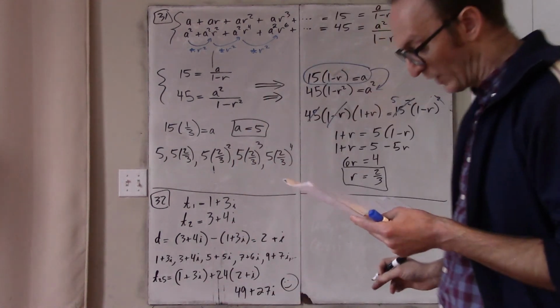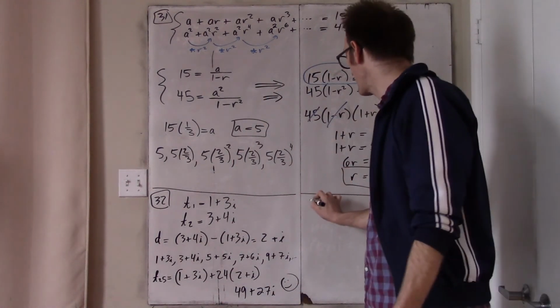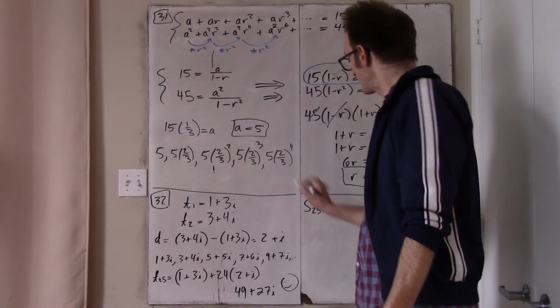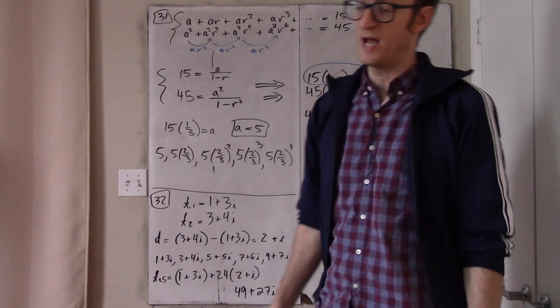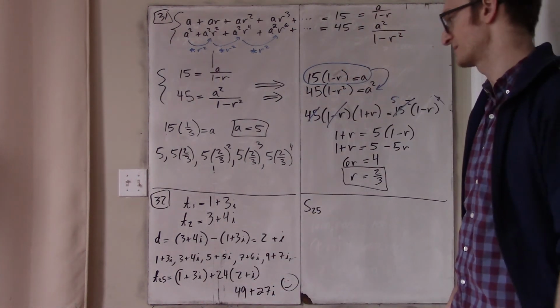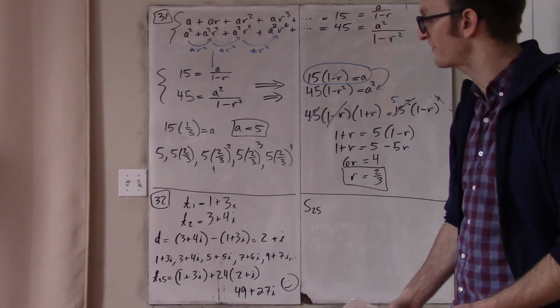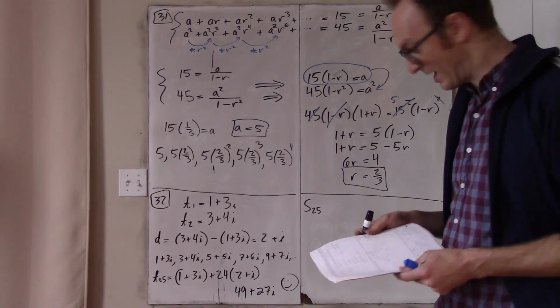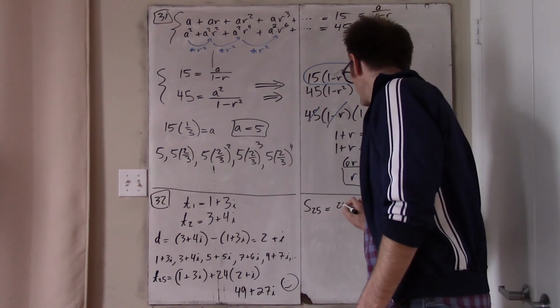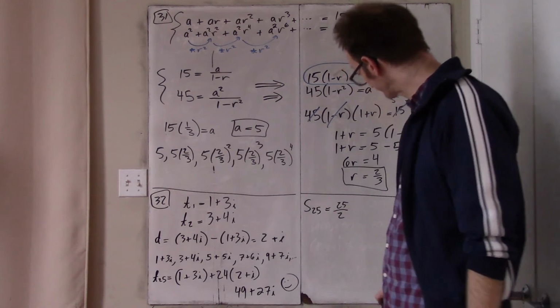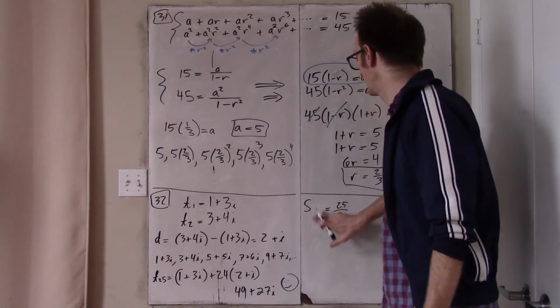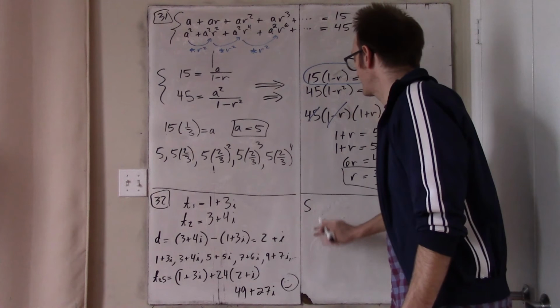Okay, great. Final thing, what if I want to add a whole bunch of these? Well, I don't see any reason to suspect that I can't just do the same normal things with this, because complex numbers are just kind of like pairs of real numbers. I want the sum of the first 25 terms.